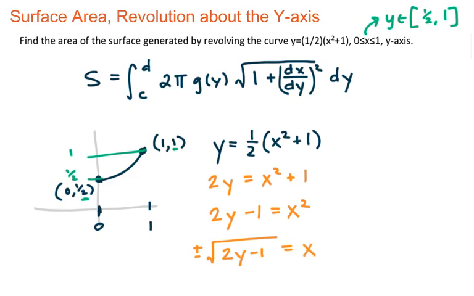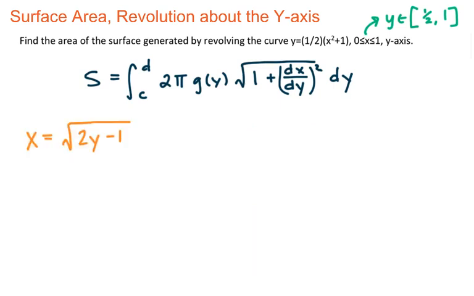And when we use a square root to solve, that plus or minus has to be there. But we only need half of that. We don't need both the left and the right piece of this parabola. So we're only going to use the positive. All right? So my function that I'm dealing with, we've got x equals the square root of 2y minus 1.